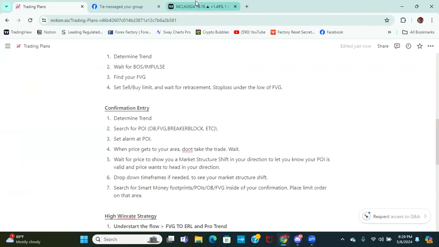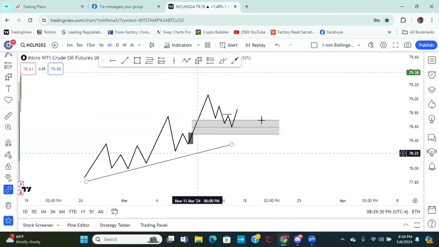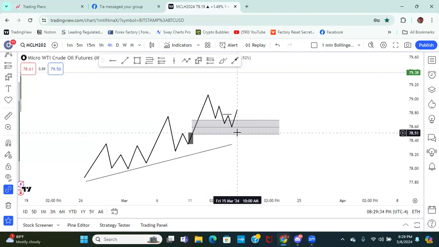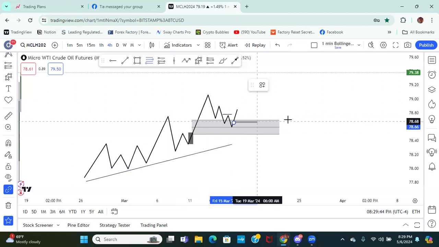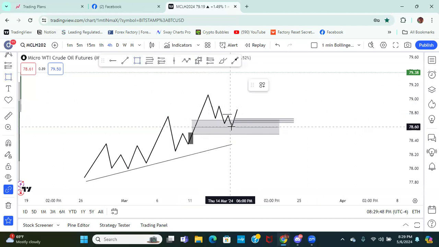Okay, so after you determine the trend, after you find your point of interest, after you set your alarm, after price gets to your point of interest, you wait for a market structure shift. And then what do you do? You basically do what we did in this price leg right here. We look for fair value gaps. We look for order blocks.